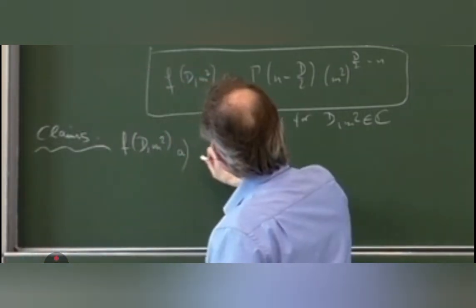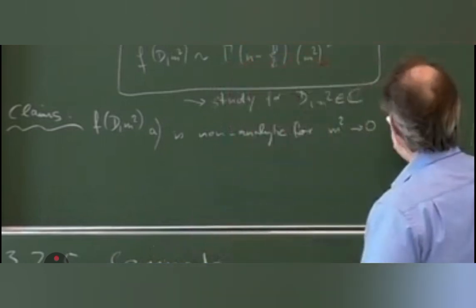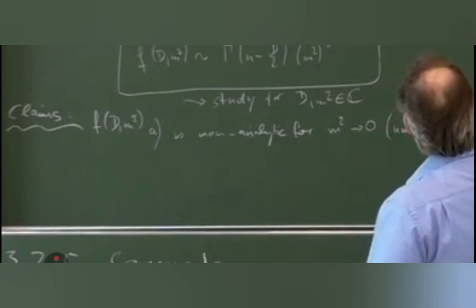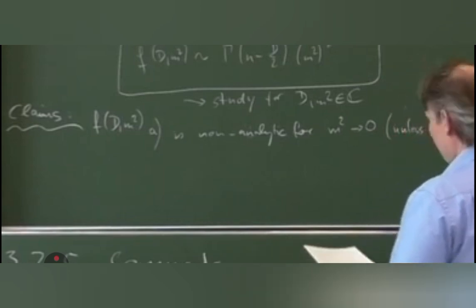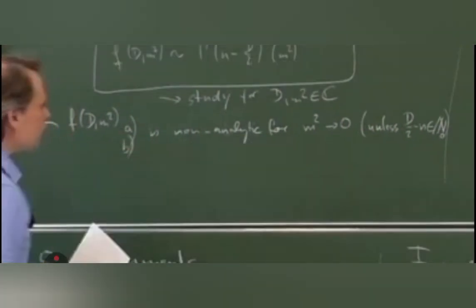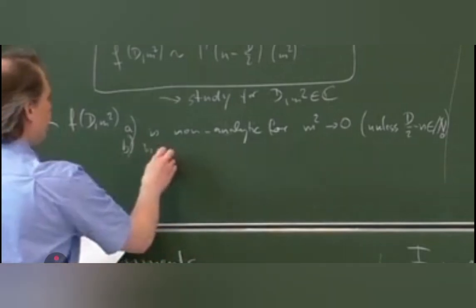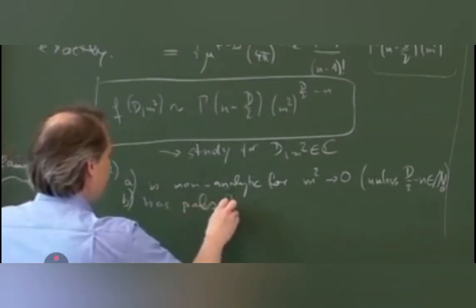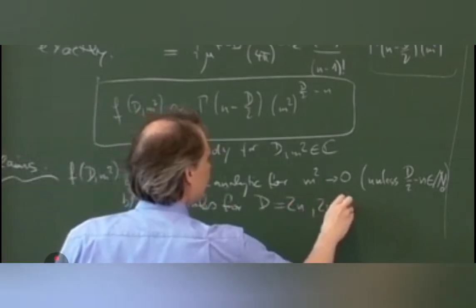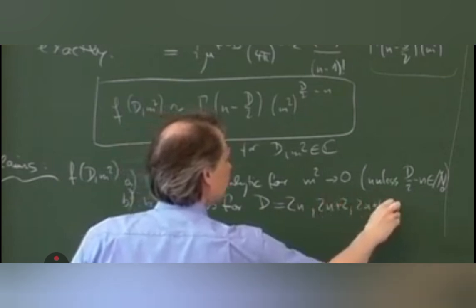A, it is non-analytic for m square going to 0, with some exception, namely unless d over 2 minus n is a natural number or 0. But in general, it is non-analytic. It has poles for d equal 2n or 2n plus 2, 2n plus 4, and so on.